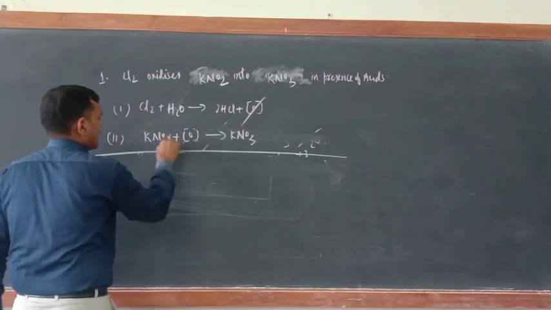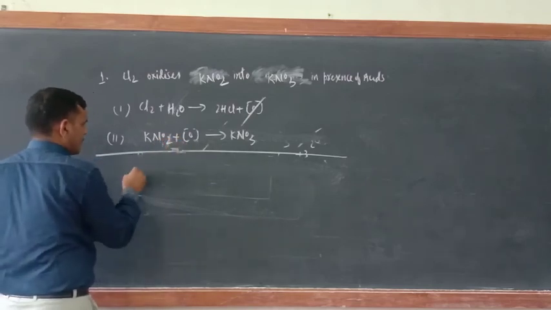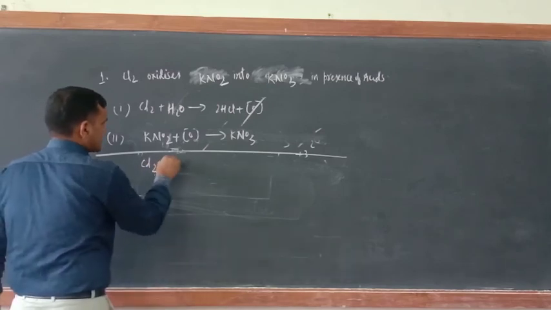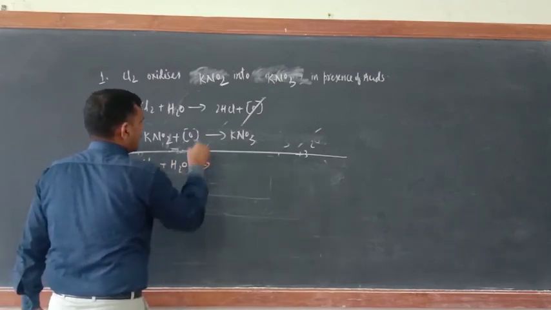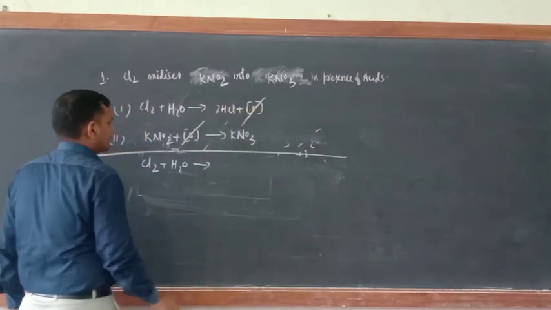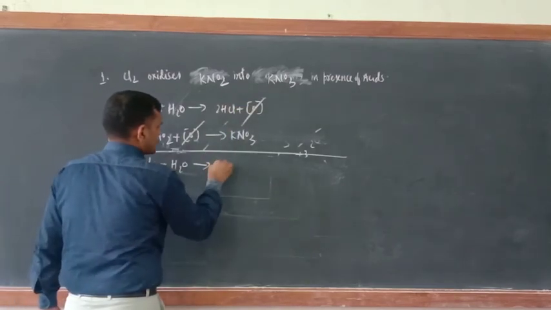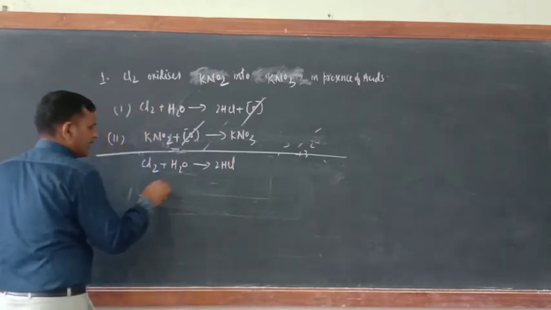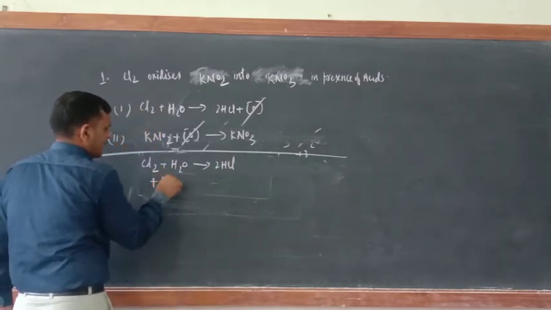So now here Cl2 plus H2O, now this nascent oxygen is cancelled out. Now this is 2HCl. Here you should write plus KNO2.